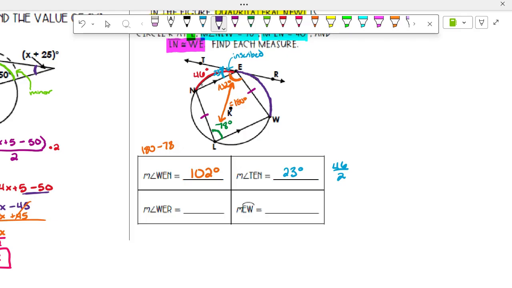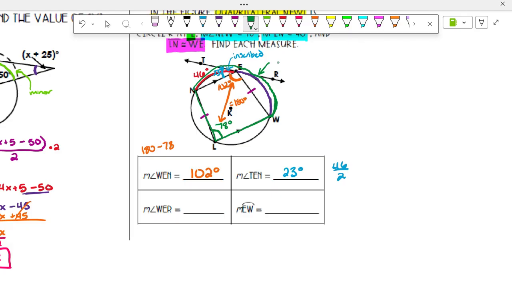So I'm thinking the arc WN is going to be pretty easy to find. Why? What angle is it intersecting? The 78. So it's intersecting 78.